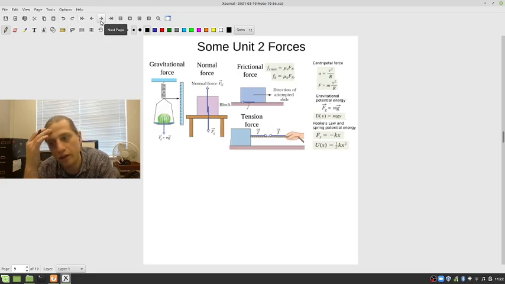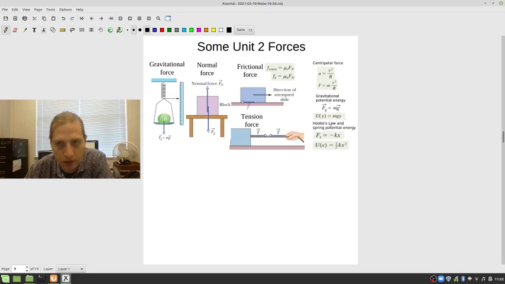All right, now in Unit 2 we did lots of different forces. We talked about gravitational force, the normal force, which is the push of a surface back up on the object that's resting on it, perpendicular to the surface. Frictional force, taken to be parallel to the direction of the surface. Tension forces from ropes. Gravitational forces.